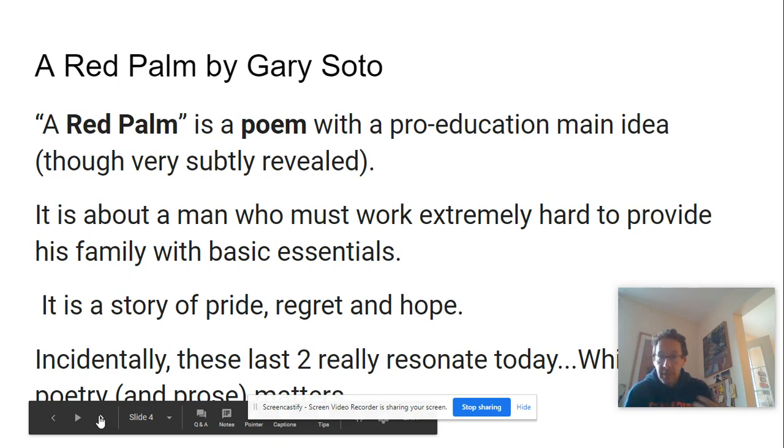But this is who it's about. It's a story of pride, regret, and hope. And a little note to myself here, incidentally, these last two really resonate today, both with poetry and with prose. We've seen this word, basic essentials.